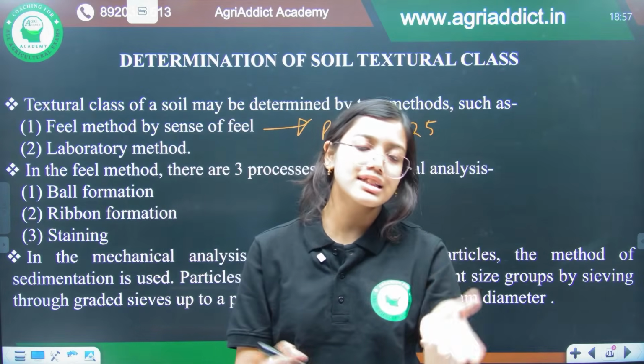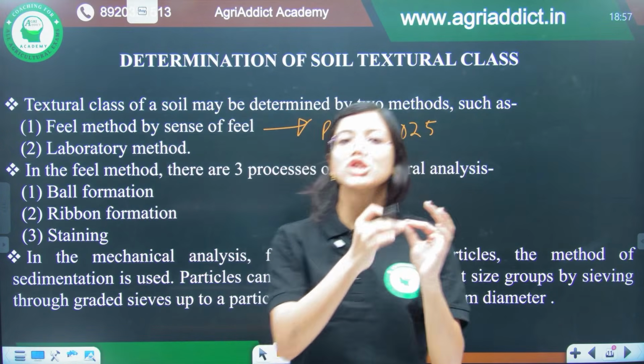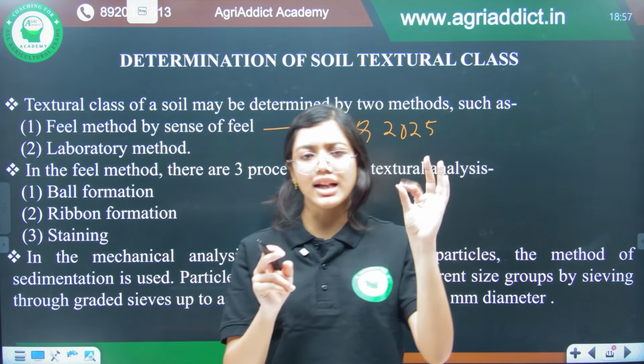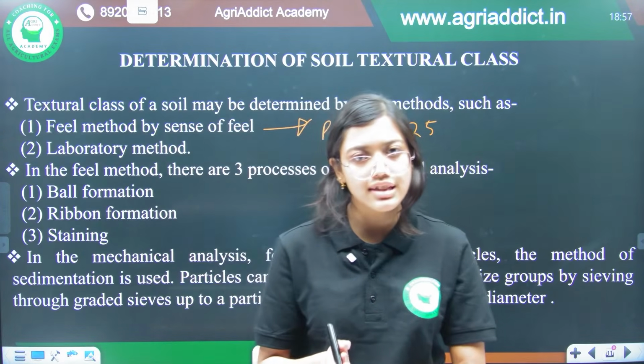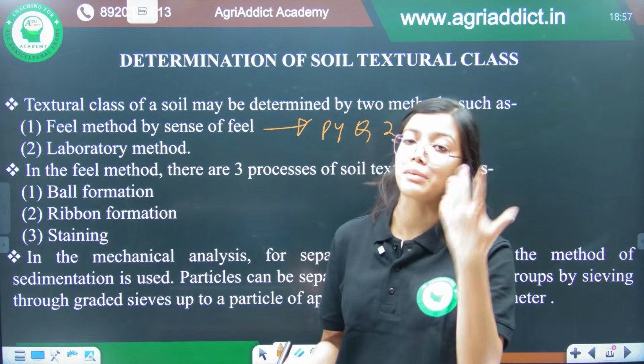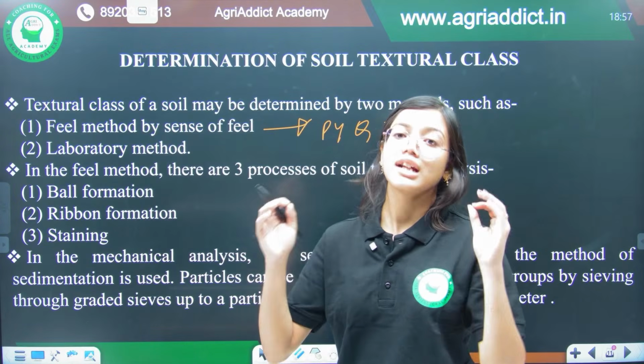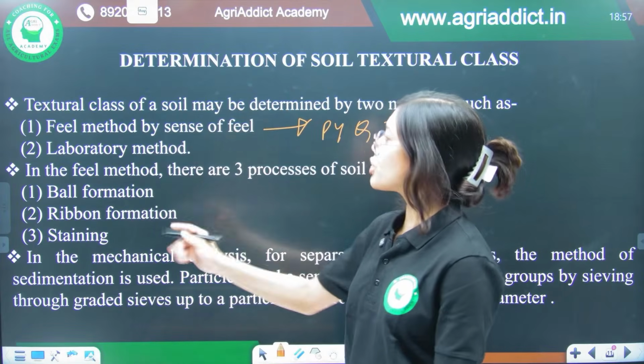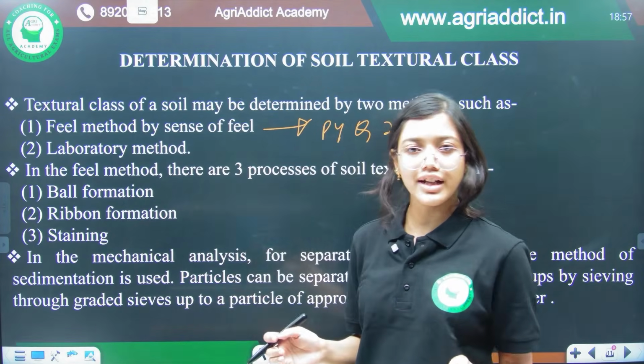If it is not sticking to your fingers but feels a bit buttery, then it is silt. And if it sticks to your fingers, that means it has very high adhesive properties, then it is clay. So, by the field method, we can classify it in our field.